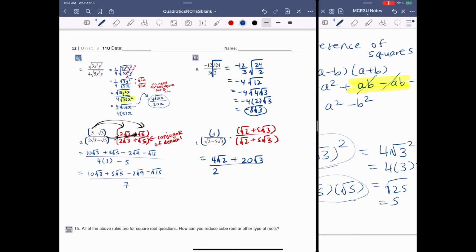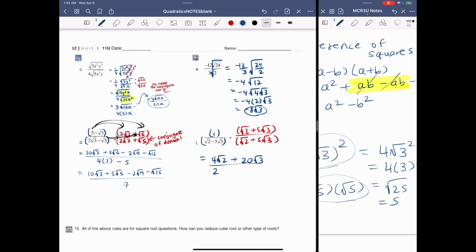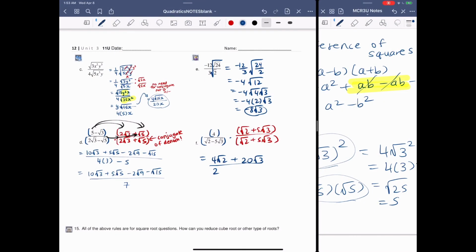Again, I'm doing the a squared in my head. So square root 2 squared is 2. I don't want to deal with my plus ab and minus ab, so I'm not going to write that. I'm going to do in my head 5 square root 3 bracket squared. So 5 squared is 25. Square root 3 times square root 3 is 3.